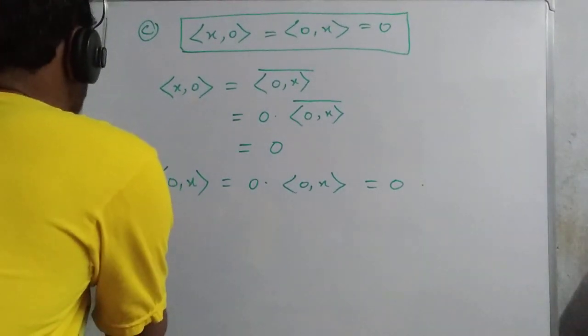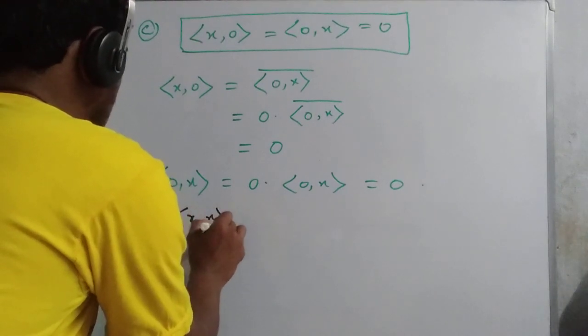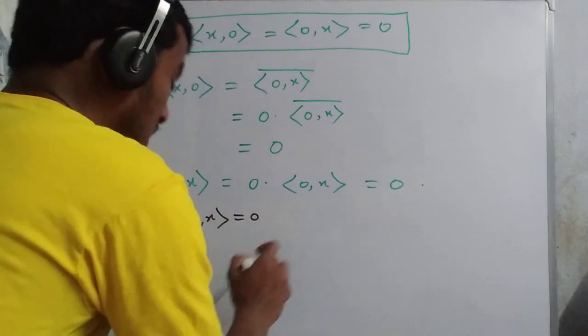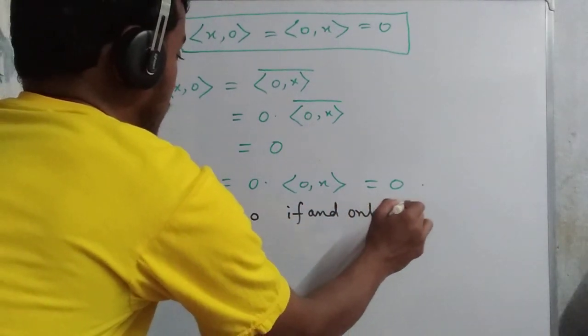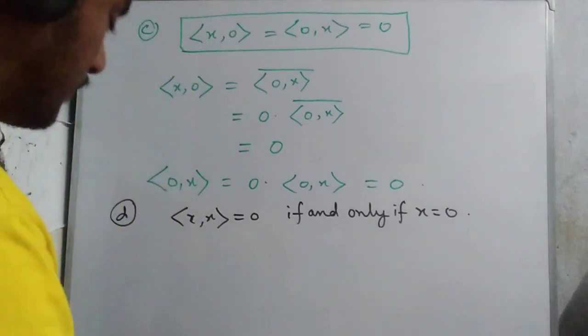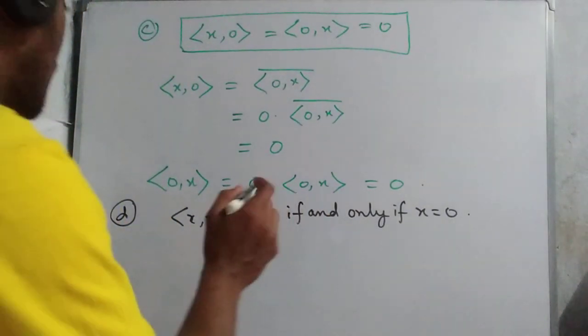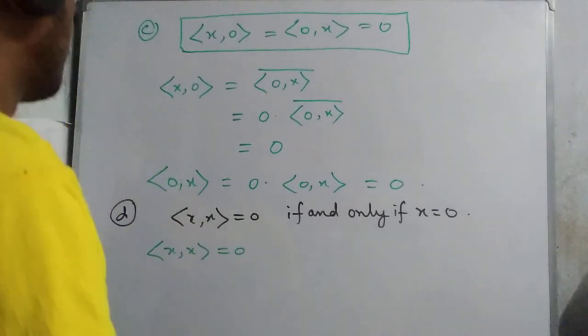In this way we write part d: <x, x> equals 0 if and only if x equals 0. What happens if x equals 0?